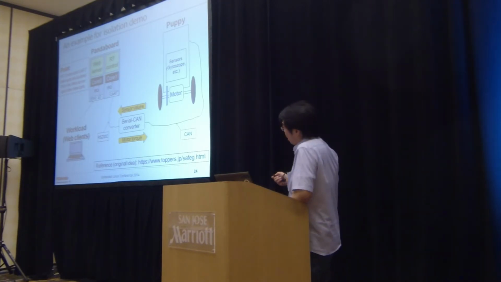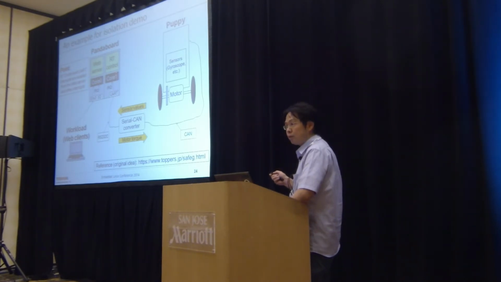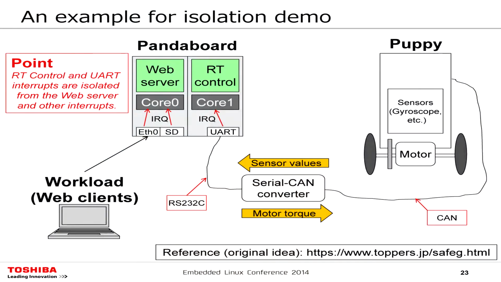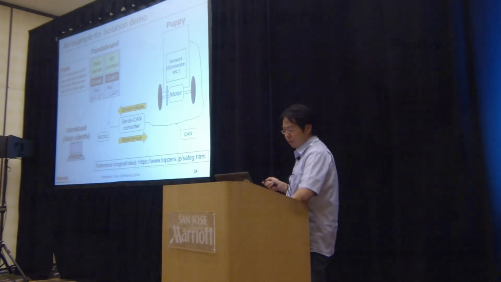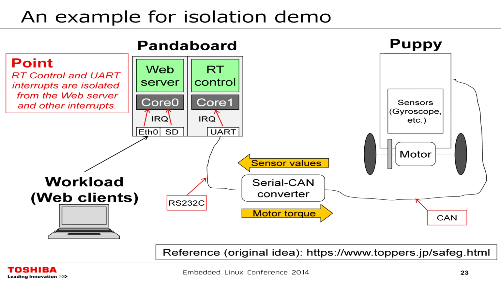And the RT control process has to calculate the motor torque within the deadline. The deadline is about 3 milliseconds, within an 8 millisecond period. When the web client accesses the web server, it is not deterministic. So if this environment is not isolated into two parts, it causes latency problems.